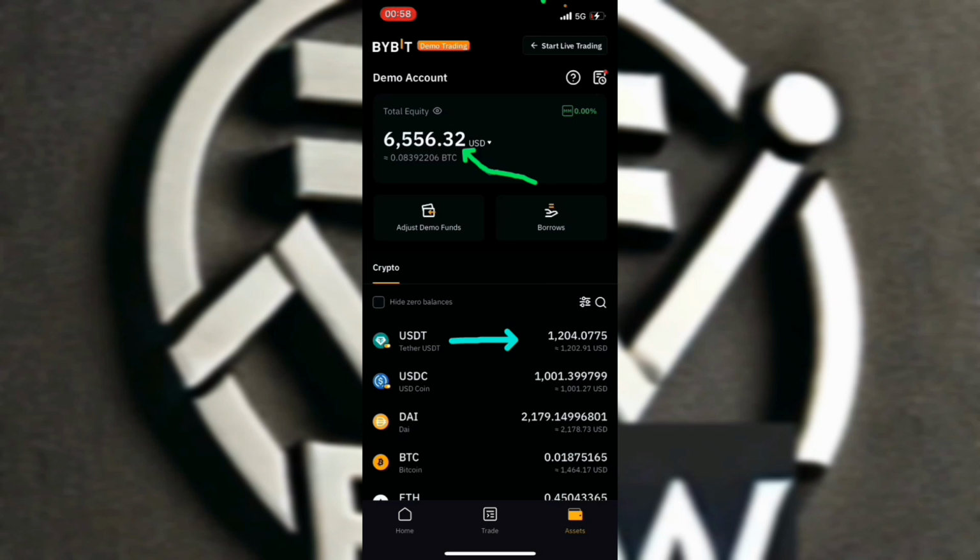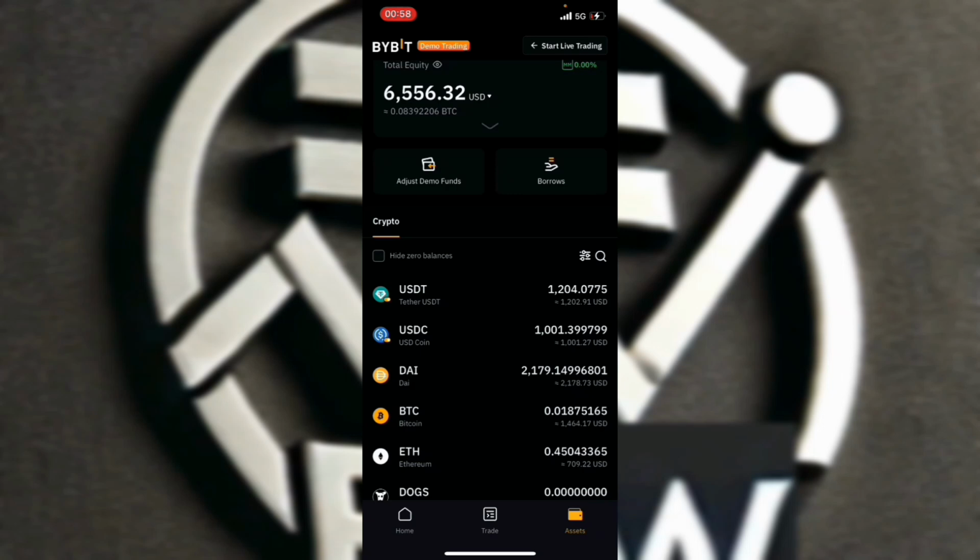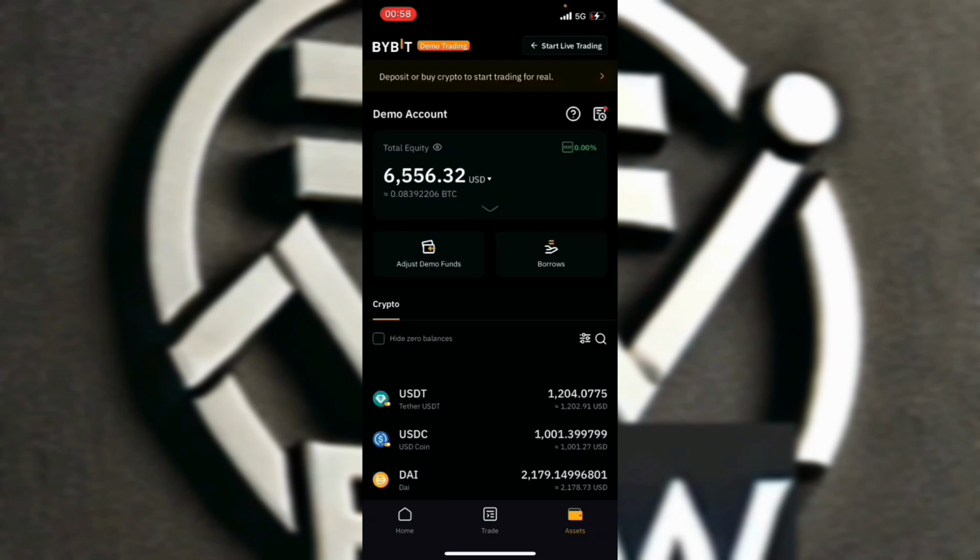Then my account balance on my ETH side is $1,001.3. Then on my DAI, I have an account balance of $2,179.14. I want you guys to take note of all these prices I have here on my account balance, because I want to explain this practically with the money I now have on my account.